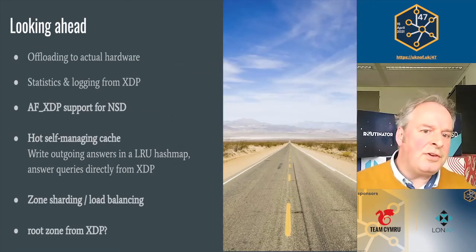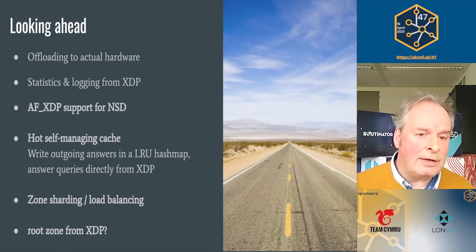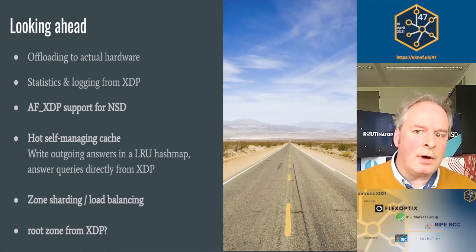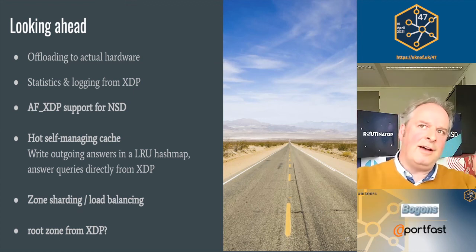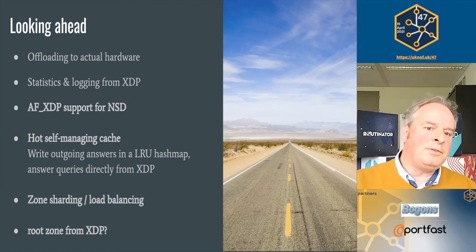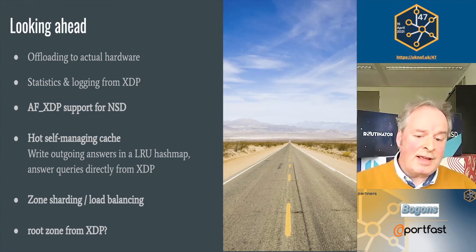So in the future, we are already looking into offloading to hardware. There are network cards that can run XDP programs. We're looking into statistics logging, sending the packet right up to the userspace DNS servers. Hot self-managing cache, I love this.